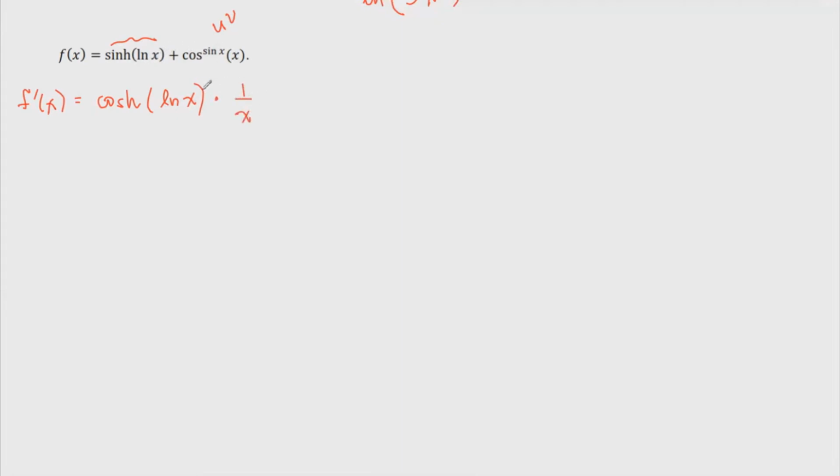Okay, and then we proceed with this one. So we have plus the derivative of cosine raised to sine x times x. So I'll just be using the direct rule. Now what I want to tell you is that the direct differentiation rule for this is kind of easier to use, because instead of taking the ln of both sides here, you'll be transposing this first before you could take the ln of this expression.